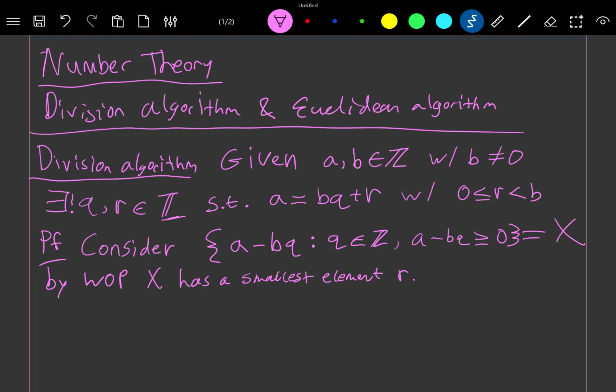But there's one caveat here. We need to observe that this set is not empty. Note X is not empty. Say if a is positive, take q equal to 0, then a minus bq is greater than or equal to 0.